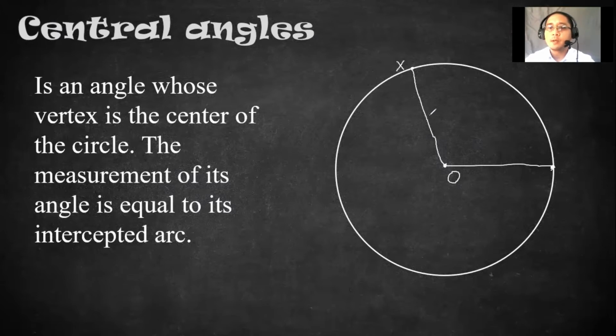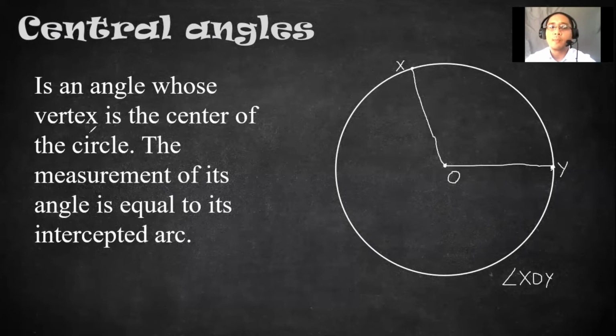If we place this point here as point X and this point as point Y, therefore we can name the central angle as angle XOY. Now question, how can we determine if this is a central angle?